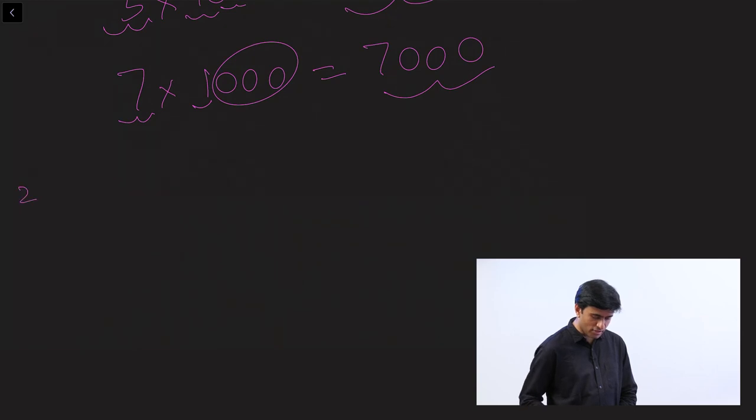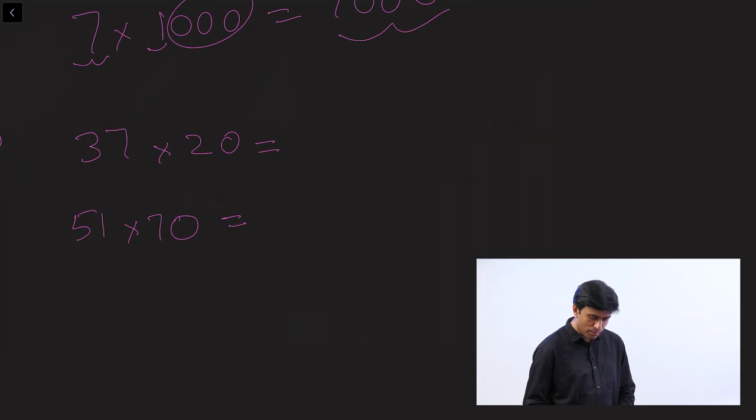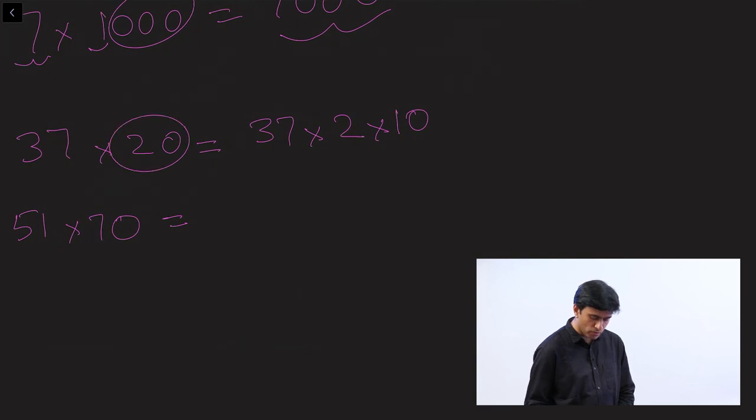Let's look at the next shortcut. If you have to multiply 37 into 20 or 51 into 70, this is how you can do it. You can simplify 20 as 2 into 10, so it is 37 into 2 into 10.